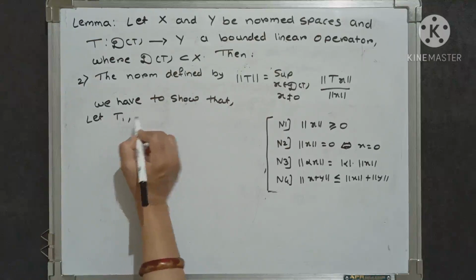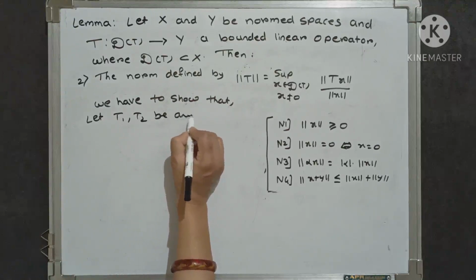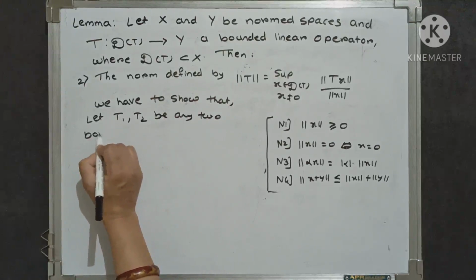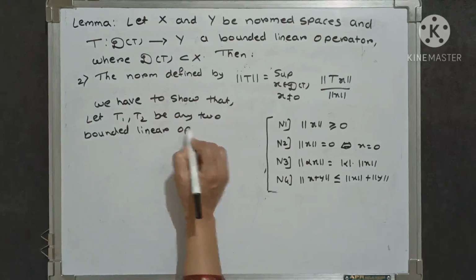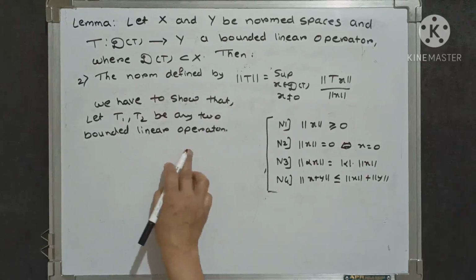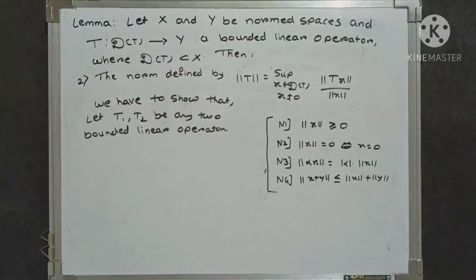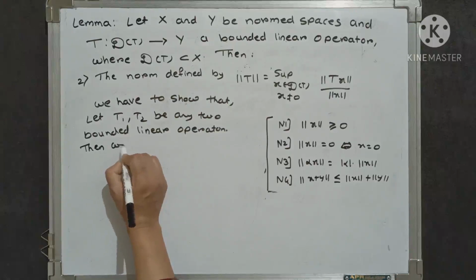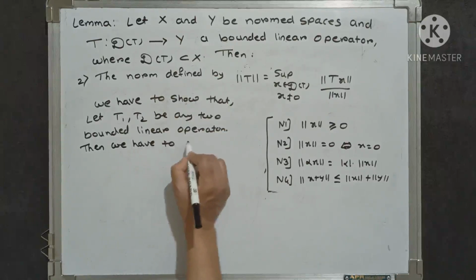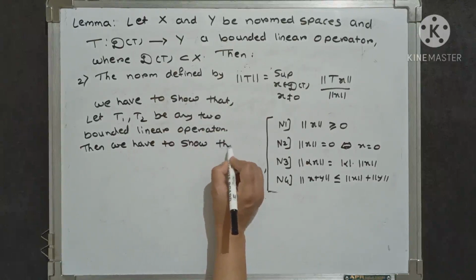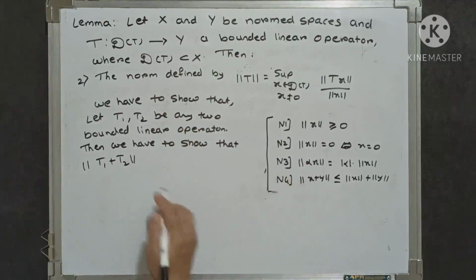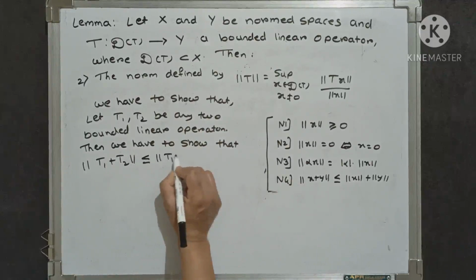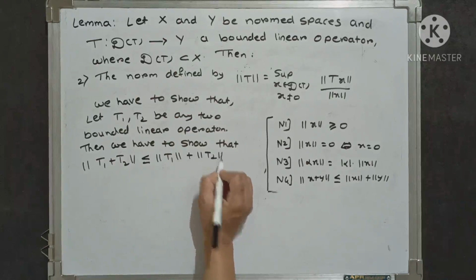Let T1, T2 be any two bounded linear operators, both from D(T) to Y. Then we have to show that norm of T1 plus T2 is less than or equal to norm of T1 plus norm of T2. That is what we have to show.